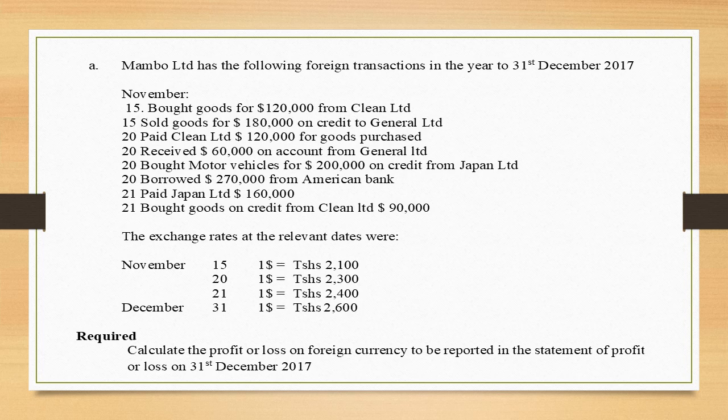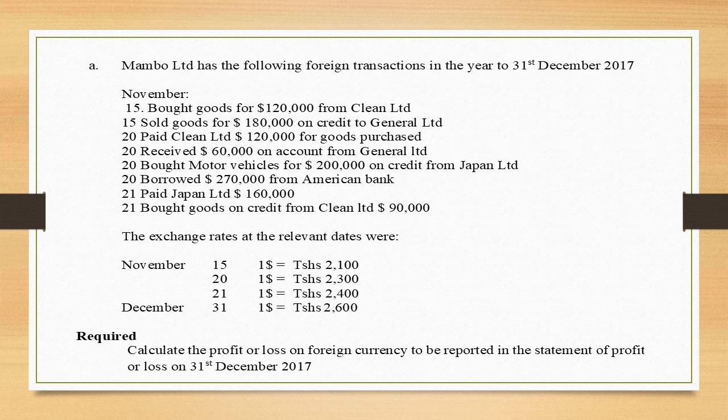So you can remember that on 15, we made a purchase on credit from Clean, and then on 20, we paid Clean 120 US dollars for goods purchased. But again, on 20, we received 60 on account from General Limited. Remember, on 15, we sold some goods on credit to General Limited.